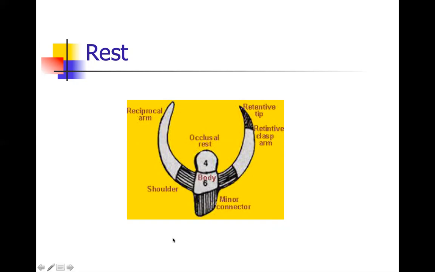Rest, this one, is that part of the clasp that lies on the occlusal, lingual, or incisal surface of a tooth and resists tissue-ward movement of the clasp by ensuring that the retentive terminals of the clasp remain fixed in the desired or planned position.